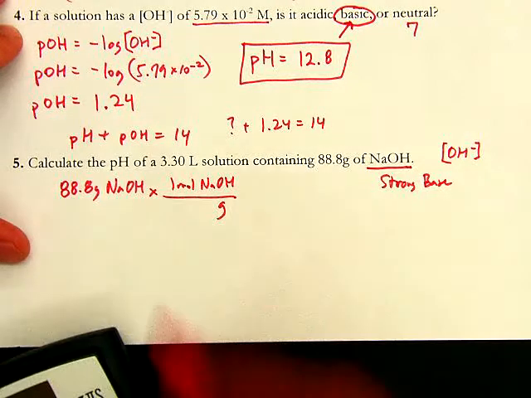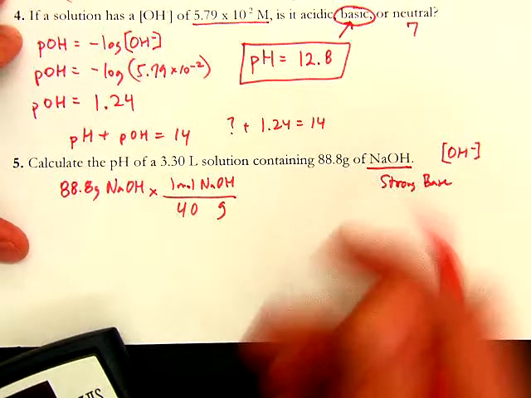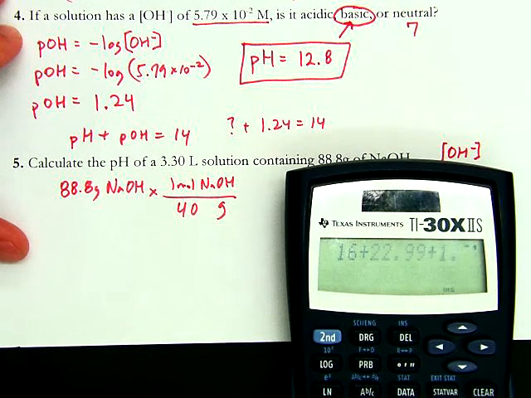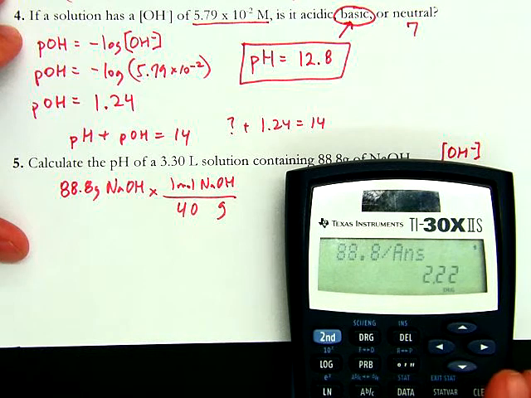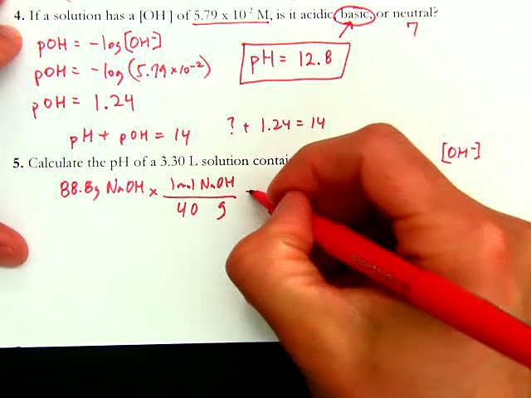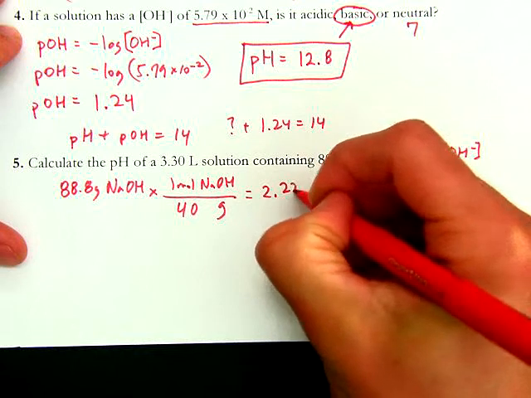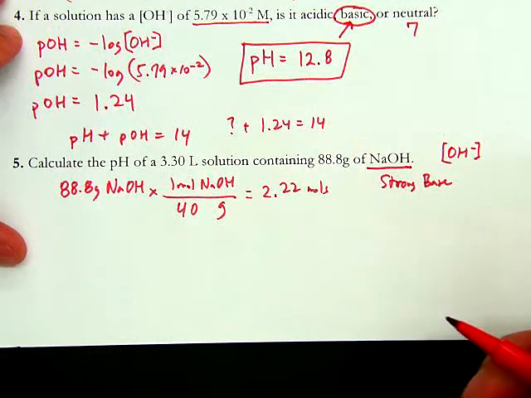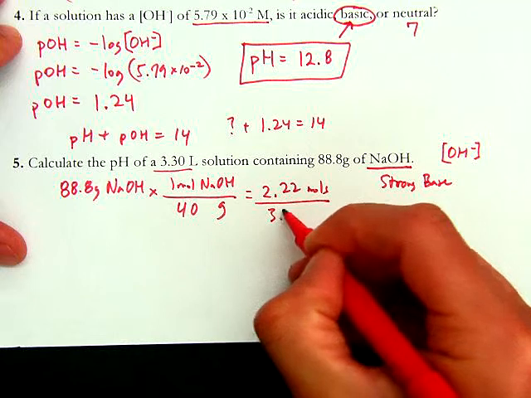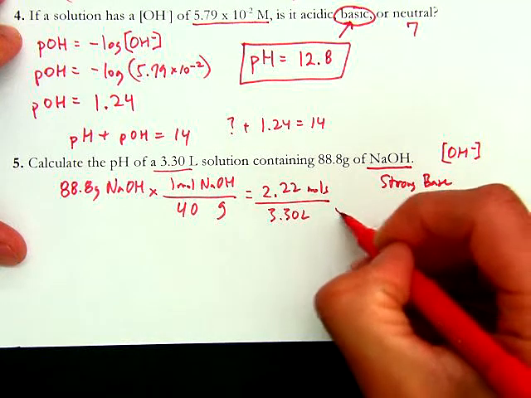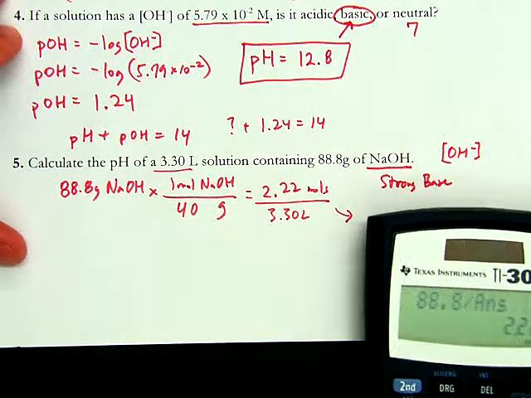So 40 grams per mole. If we take 88.8 and divide it by the molar mass, 40, that's 2.22 moles. You take moles and divide by liters, 3.3 liters, and that gives you your molarity.